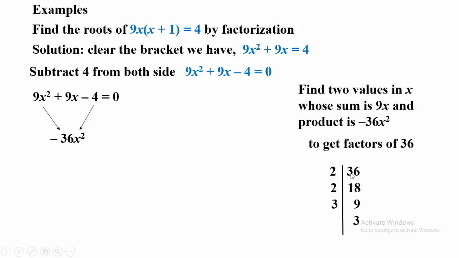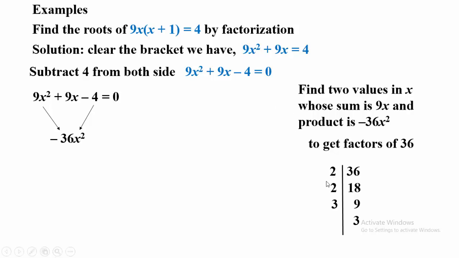If you look at the table, when you divide 36 by 2, we have 18. The two factors here are 2 and 18. When you multiply it, it gives 36. When you add it, it gives 20. If we divide 18 by 2, we have 9, which gives us another factor of 2 times 2, which is 4.